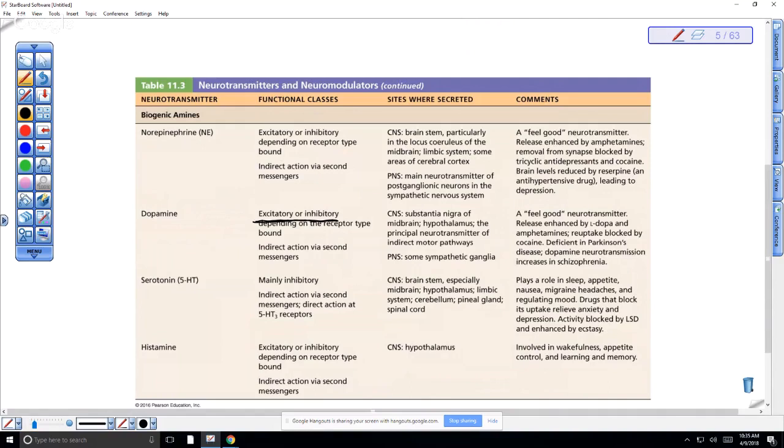Parkinson's disease is due to a degeneration in the part of the brain that controls movement, and so people start to shake and they lose motor control. One way that they treat people with Parkinson's disease is to give them a drug called L-DOPA. L-DOPA is a synthetic form of dopamine, and that tends to decrease the symptoms.